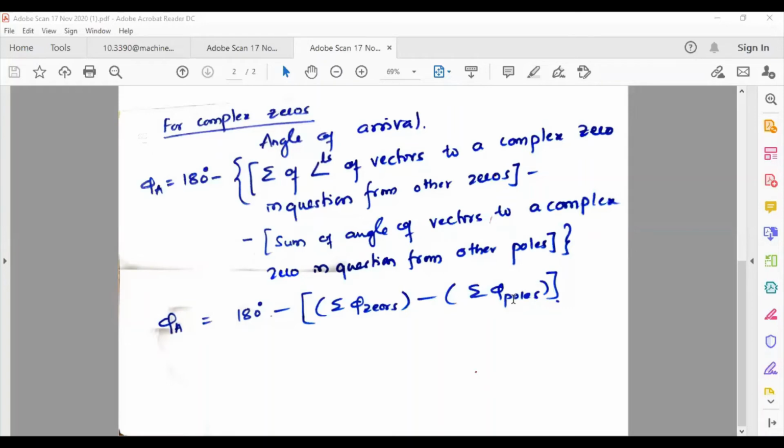And in the next line, if there is a pair of complex poles, find the angle of departure. Next, if there is a pair of complex zeros, find the angle of arrival.